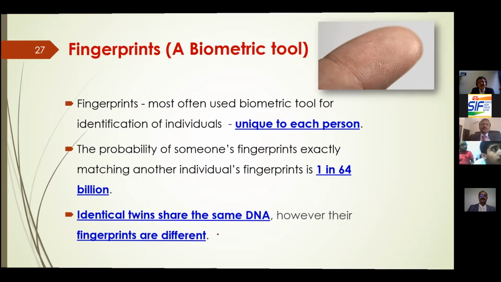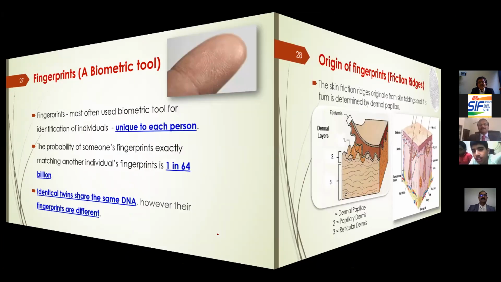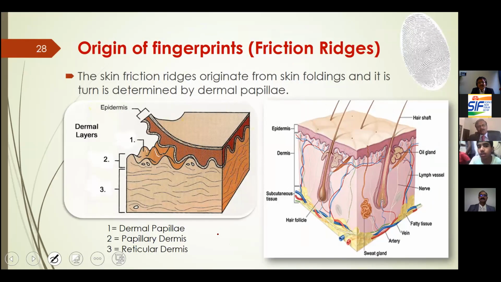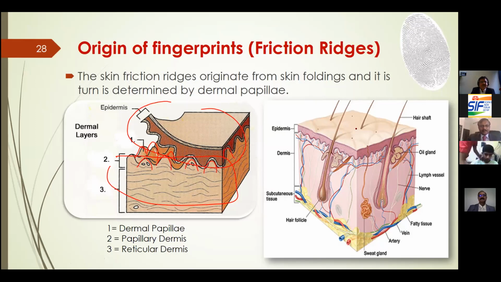All right, so how do these fingerprints come about? If you look at our skin, there are 2 layers: the dermis, the lower layer, and the epidermis that is attached to it. If you look at the dermis in particular, it has these peg-like structures, almost like spikes, to which the epidermis gets attached. These peg-like structures are also known as dermal papillae.